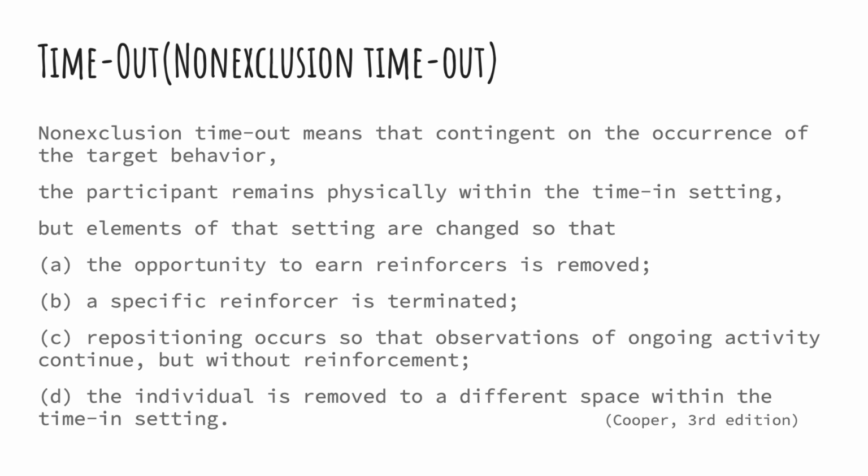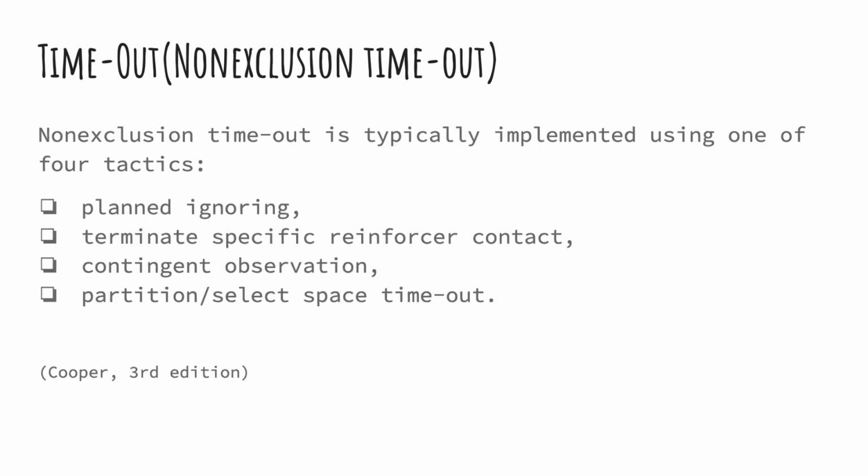For instance, a child in a classroom may be moved to a designated timeout corner or chair within the same classroom space. On the other hand, exclusion timeout entails the physical separation of the individual from the environment. This can involve immediate removal from the environment or removal of the environment from the individual.